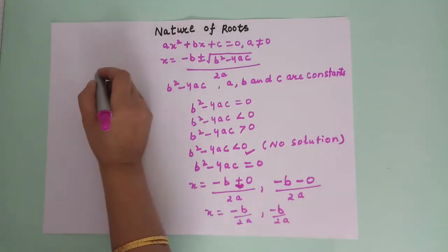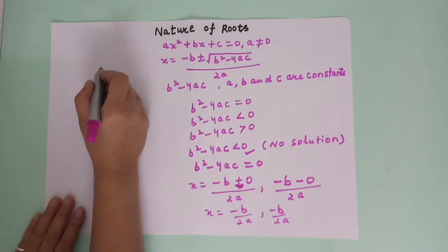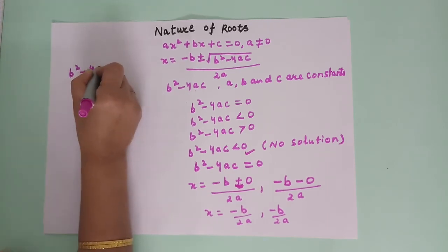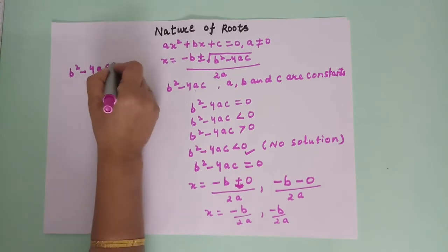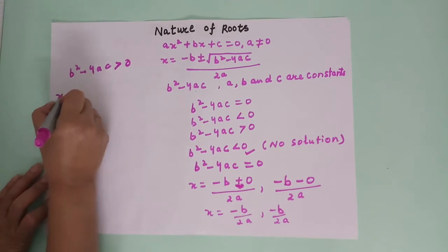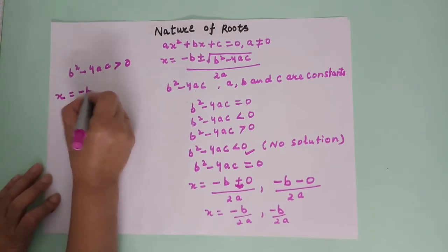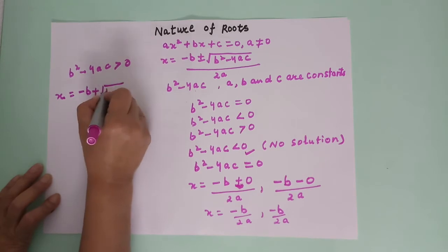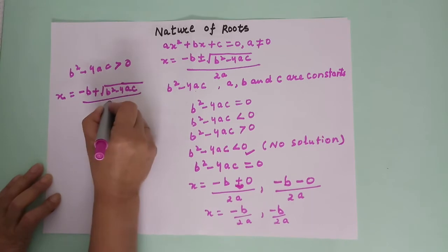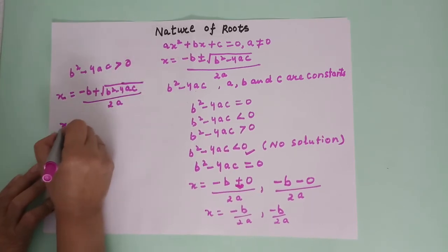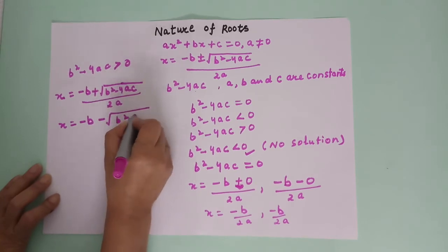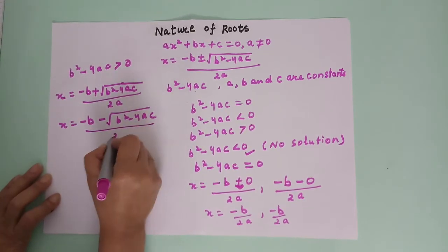Let's consider one more case, when b² - 4ac is greater than 0. In that case, I will have x = (-b + √(b² - 4ac)) / 2a, and x will also be equal to (-b - √(b² - 4ac)) / 2a.